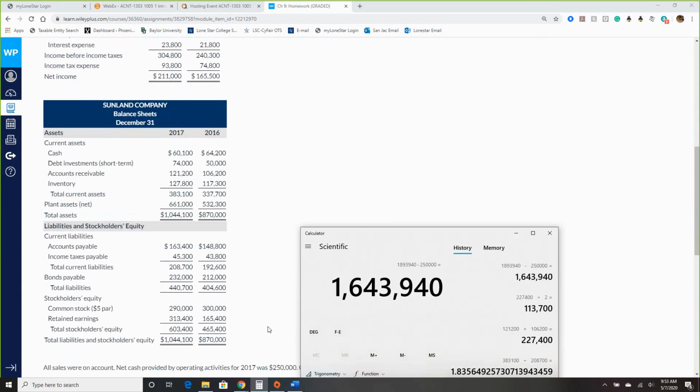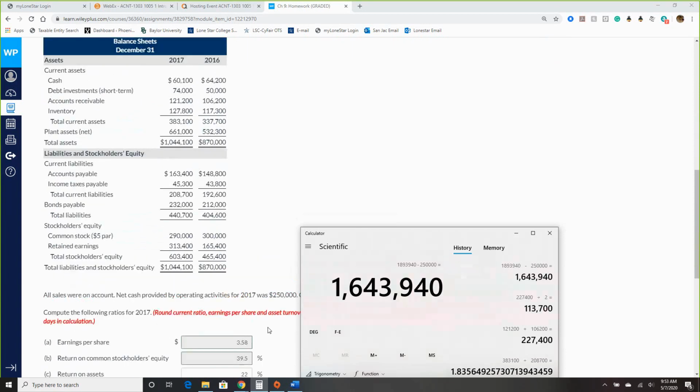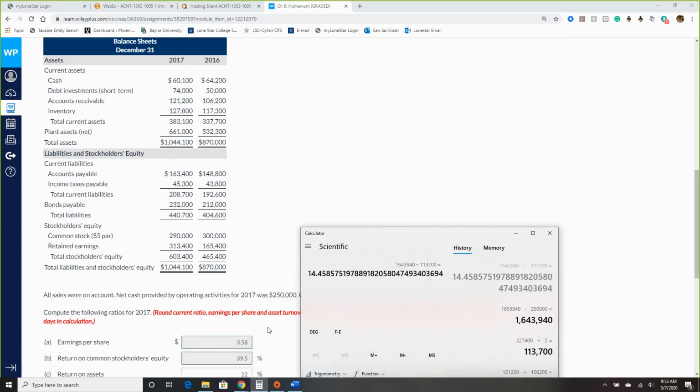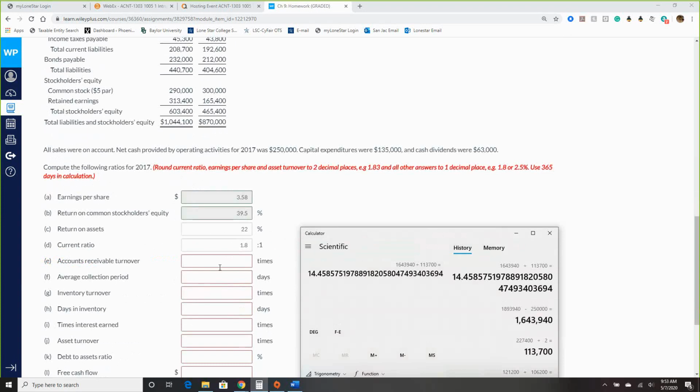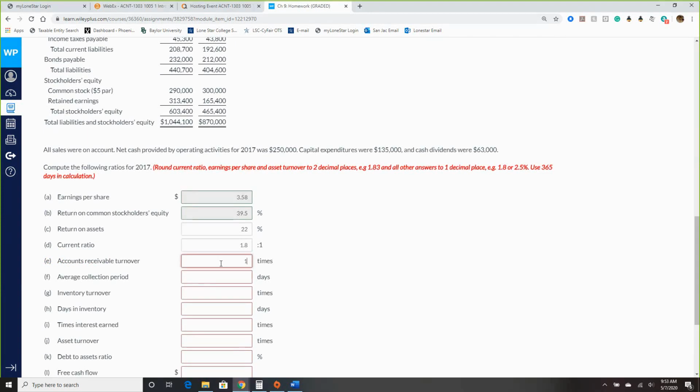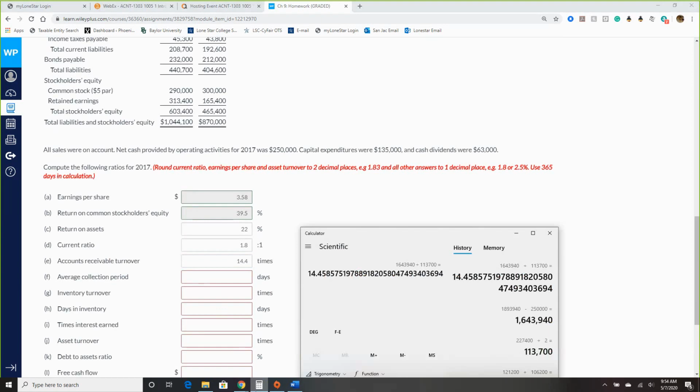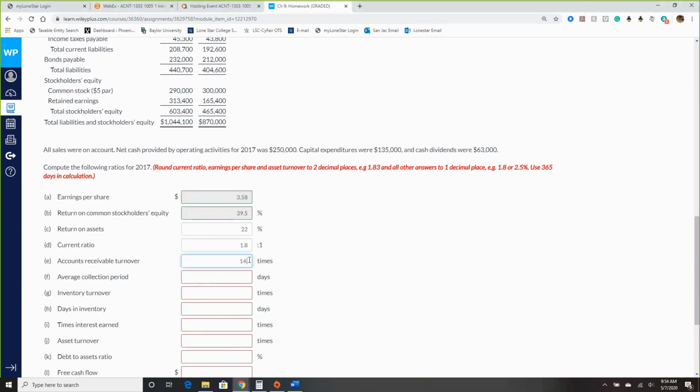That's what they give me down here. Divide that by 113,700. Looks like 14.4 times. Rounding up, 14.5.